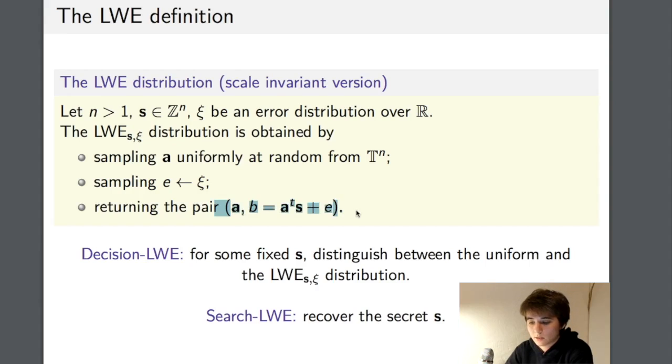Here B is the sum of the scalar product of A and the secret S plus the small error E. Now we can define the LWE problem. There are two versions. The decision version asks to distinguish the LWE distribution from the uniform distribution. The search version asks to recover the secret S given arbitrarily many samples from the LWE distribution.